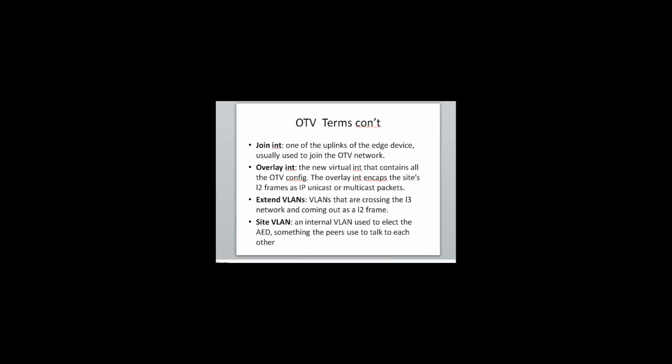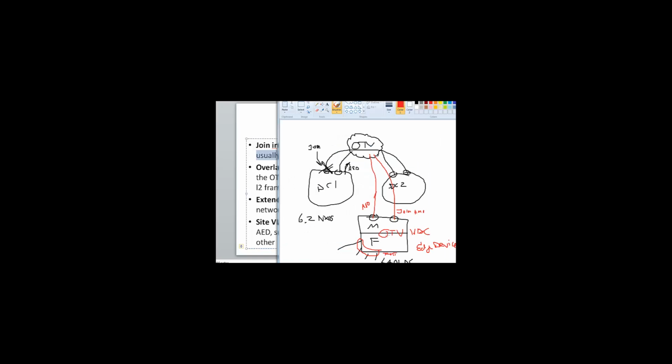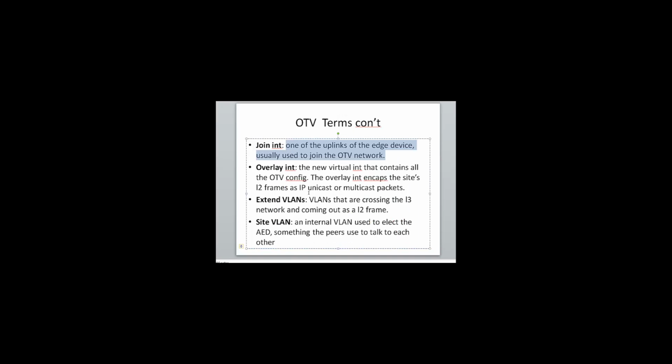And that's where we come in with this slide here. A join interface is one of the uplinks of the edge device, usually used to join the OTV network or the OTV cloud here. The overlay interface is also a new virtual interface that contains all the OTV config.